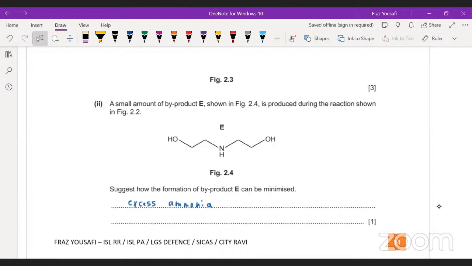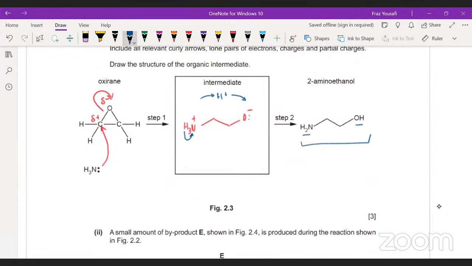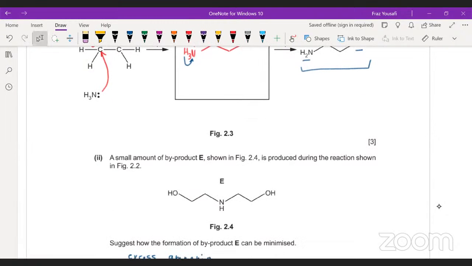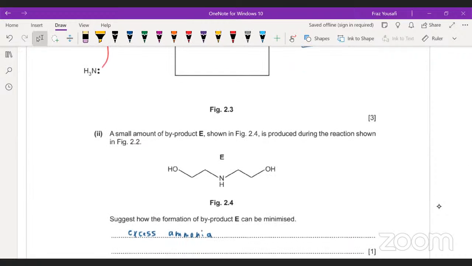Now, if you had excess amounts of ammonia present, then you could have multiple of those amines attacking more hydrocarbons, attaching more alkyl chains to the structure. That's exactly what's happened here. Here, instead of just having the ammonia attack one end, you would end up having this molecule form already. And then because there would either be an excess amount of ammonia present or a limited amount of the other substance, the oxirane, you would have this thing with its lone pair attack yet another oxirane molecule, causing the formation of what you see there.